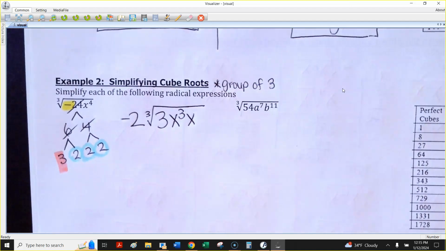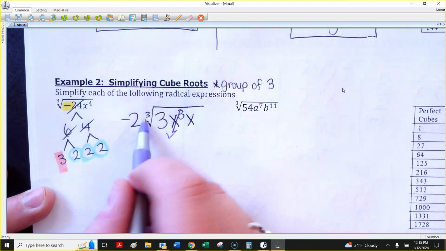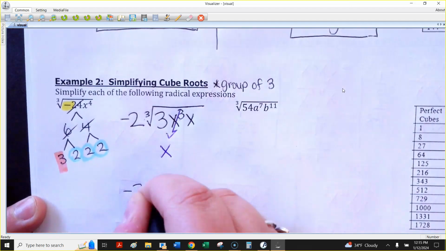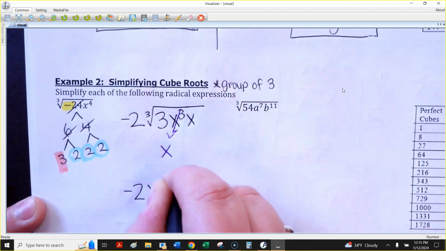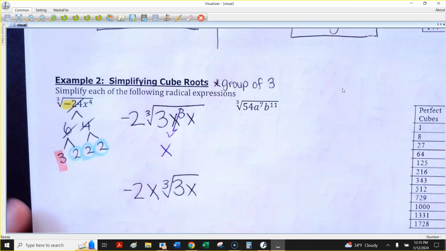I'm looking for an exponent that's divisible by 3. That would be the only thing I could do there to get an exponent divisible by 3. The only other thing I can take out, 3 divided by 3, that's just going to pull out as a plain x. So -2 takes care of the negative x. And then try not to forget, I always do it on the cube root and the 4th root, but the index should be 3, and then you got 3x left under the cube root.